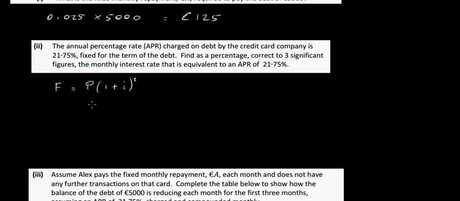Let's just take €1 and 1 plus I. We want to work out what I is. Our time periods are going to be 12 months, because we're talking about monthly. Now, what would happen to €1 over these 12 months at this percentage rate?